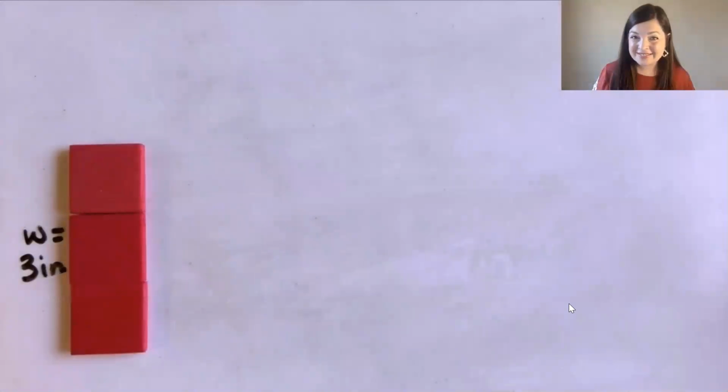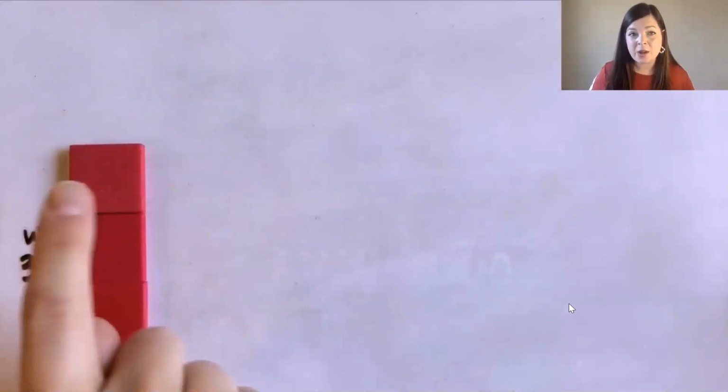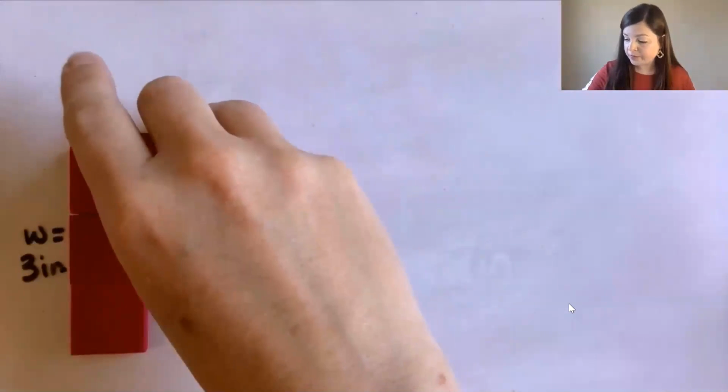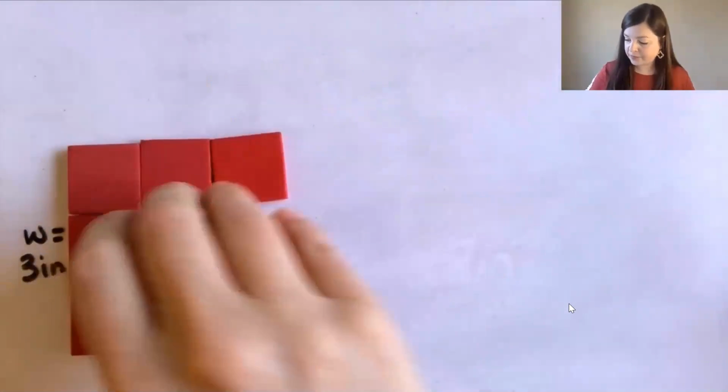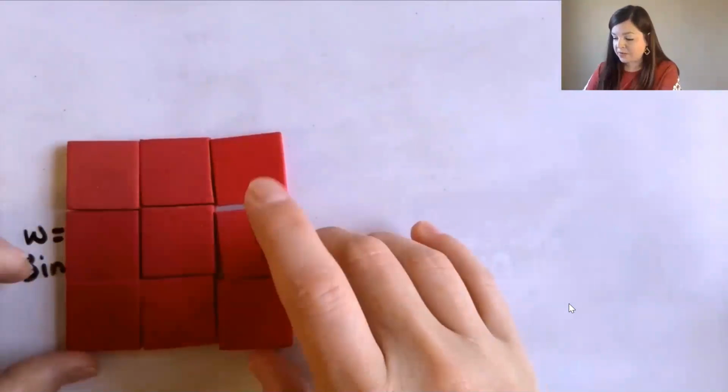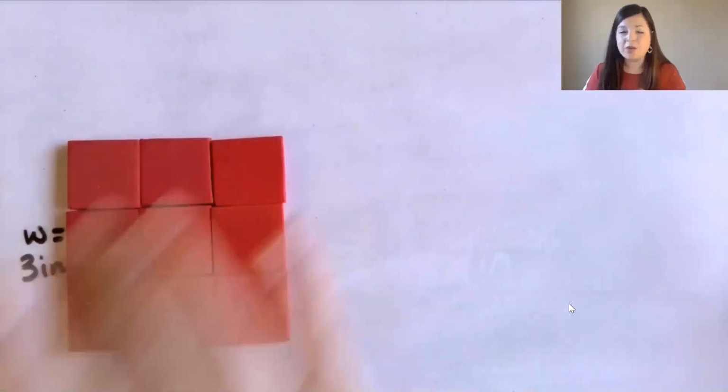Welcome back. When I was thinking about how to determine how long this rectangle would be, I was thinking, well, it's 3 inches wide, so if it were 1 time as long as it is wide, it would also be 3 inches long, like this. Now, ideally, these would all be touching perfectly, but they don't have to be perfect.